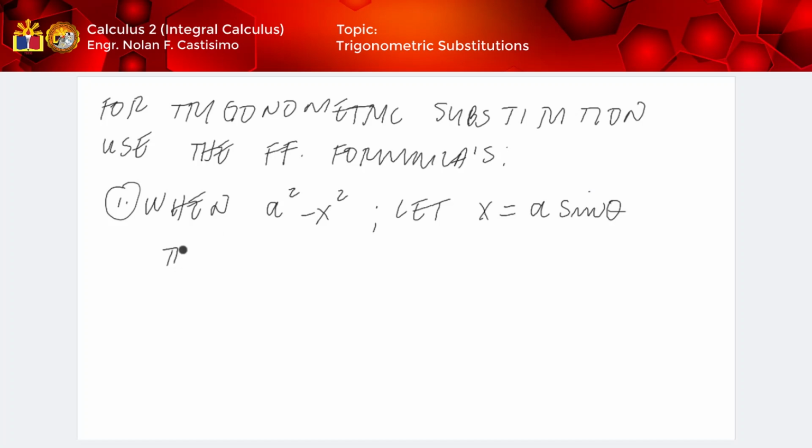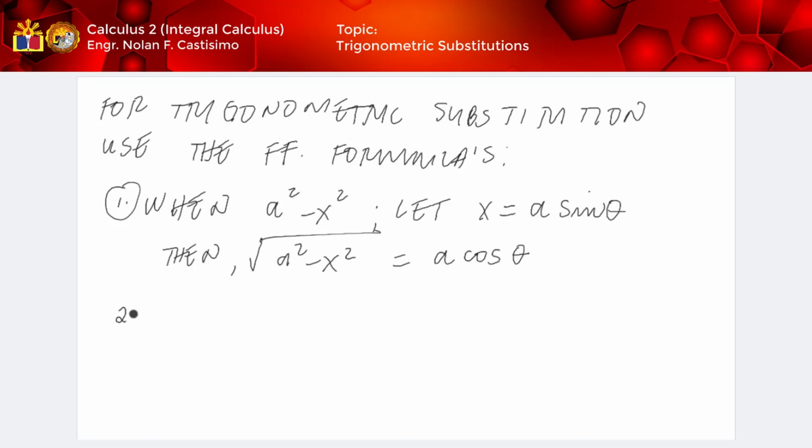Then, square root of a squared minus x squared is equivalent to a cosine theta. Okay?